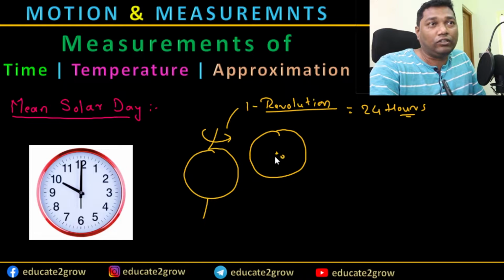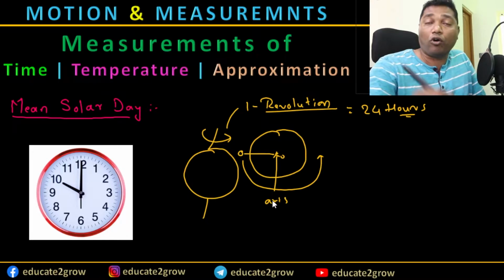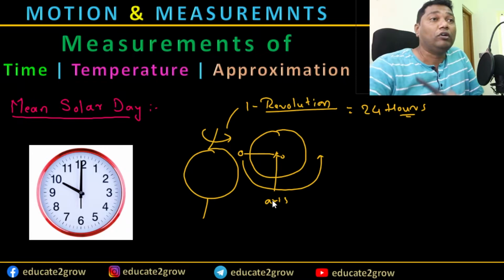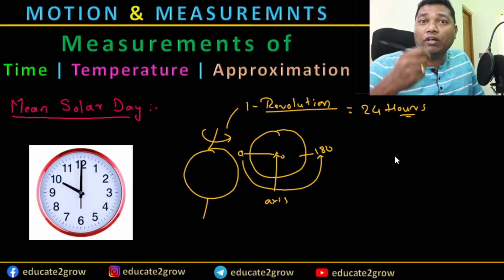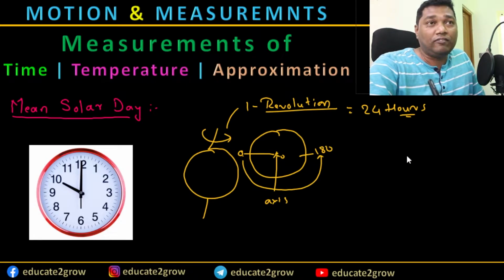So here 0 and here 0. This is the axis point, and I'm looking at the earth from the top. This is the axis, and this is 180 degrees. When the earth goes from the start to 180 degrees, the time counts 12 hours: 0, 3, 6, 9, and then 12.